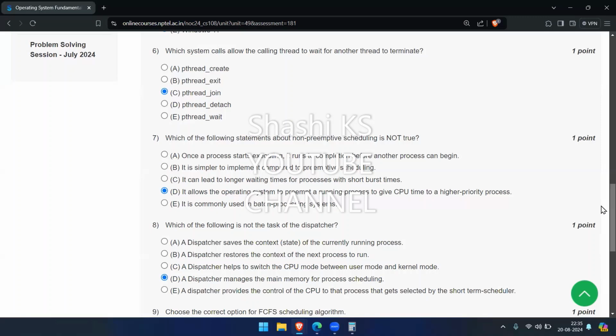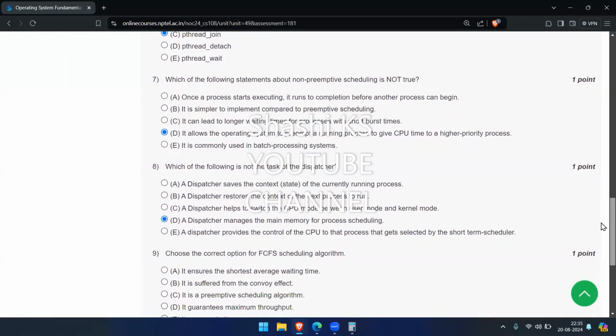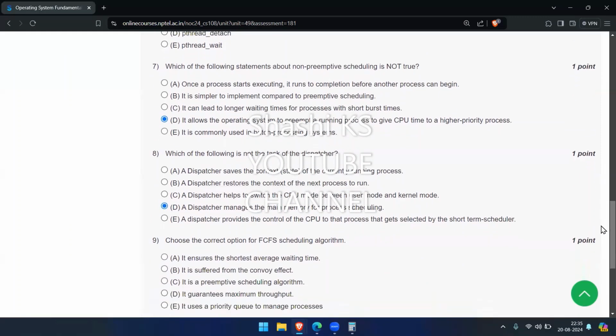So the right answer is option D, because it is done by the memory management module of the operating system.